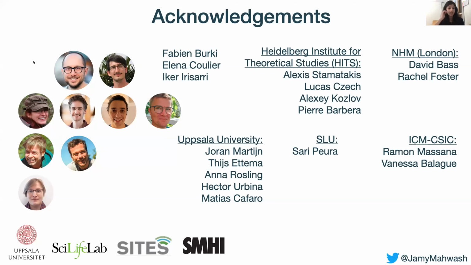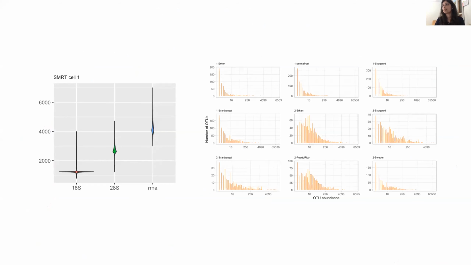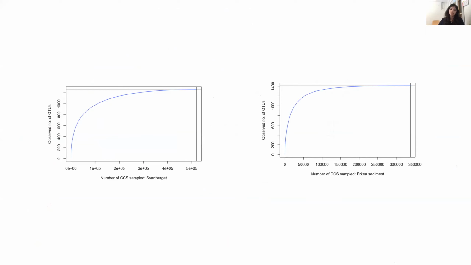Yeah, okay. I mean, absolutely, that's a big problem. Maybe I can show you some. So I think my approach to this is that we're not sequencing as deeply as we are with Illumina.